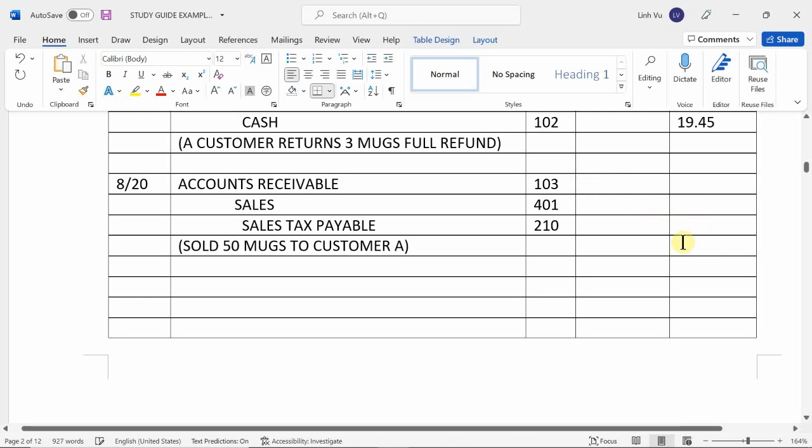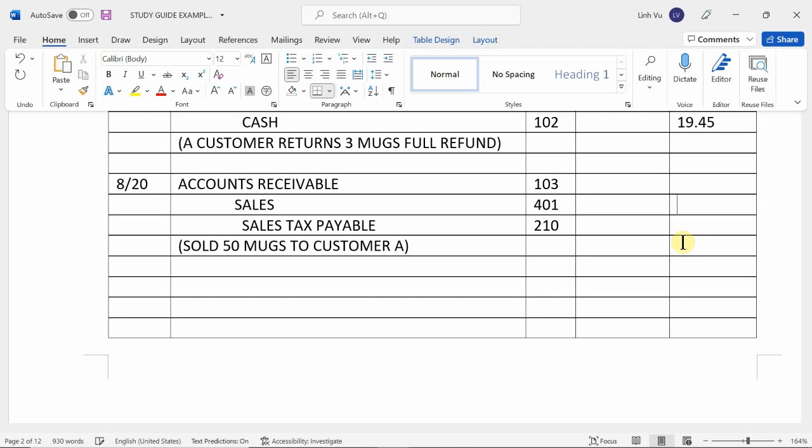So I need to figure out how much was my total sales. In this case, 50 times $5.99 will give me a total of $299.50. Right? Plus the tax of 8.25% gave me a total of $24.71.